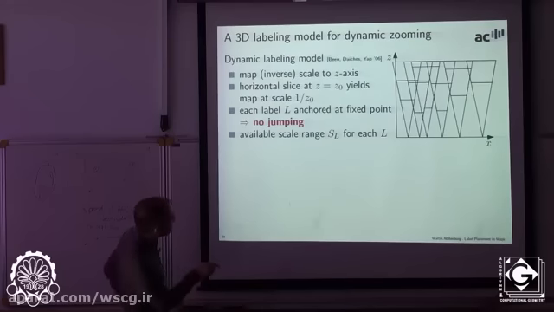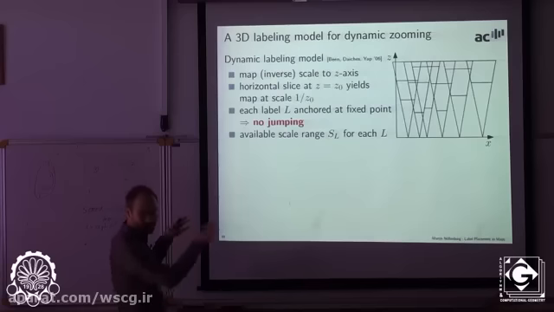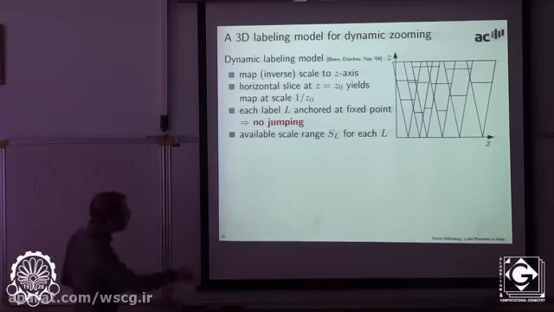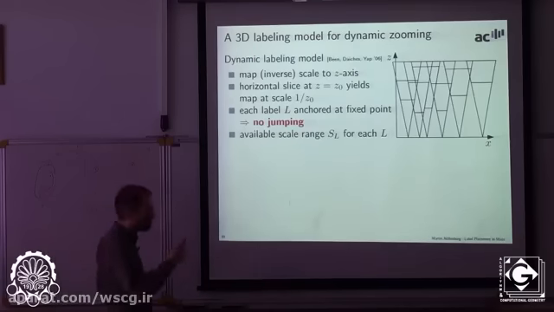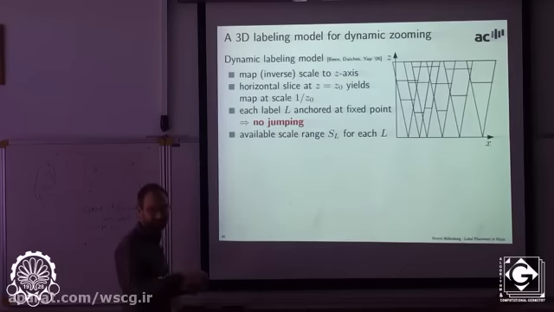So this is a schematic view. If you think of these pyramids from the side, so like taking away one dimension, you have the scale on the vertical axis and maybe the point distribution or projection on the right. Then these pyramids become triangles. And for each label, we now have an available scale range where we can show that label. So maybe it makes sense to show a particular restaurant only at scales where you see the street level of a city and not if you have country level.